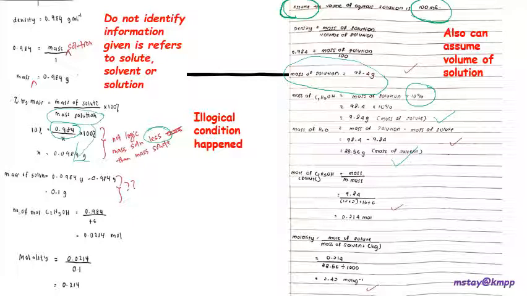As usual, the mass of solute helps us to get the moles of solute. Then list down the formula of the dimension required in the question. Convert the unit of mass of solvent into kilogram, and then you can calculate the final answer.